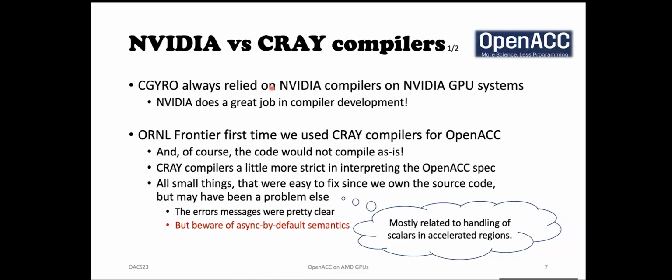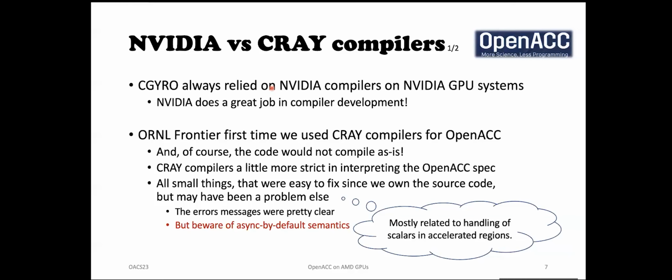As you can imagine, the first time you try a new compiler, some things just don't work. They were all minor things. It looks like CRAY is a little more strict about interpreting some OpenACC standard rules. It was mostly about scalars. All small things, it took a few tries, but we went over it.